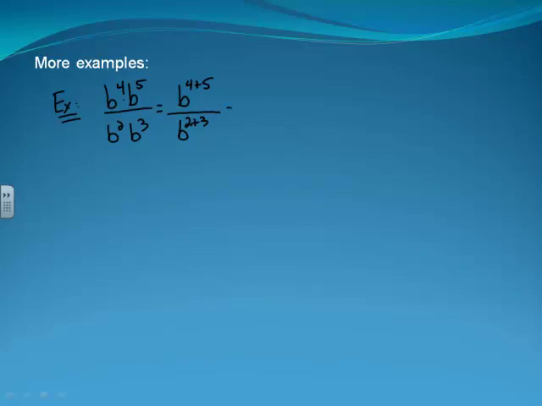That now gives me b to the 9th divided by b to the 5th. And those like bases then, with division, will also combine into a single base, but rather than adding, you're going to subtract numerator minus denominator. And 9 minus 5, of course, is 4, so our simplified answer is b to the 4th.